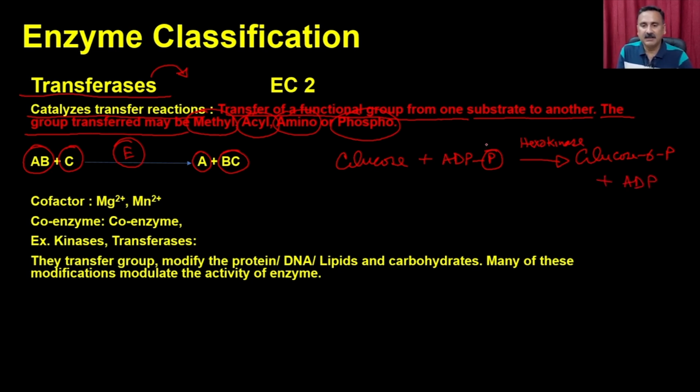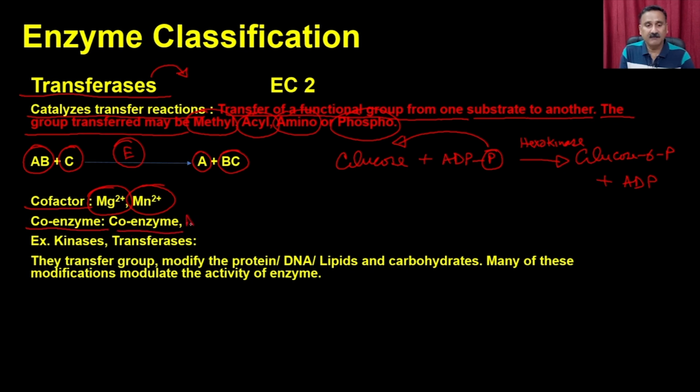What is happening is that the phosphate group from ATP is transferred onto the glucose, and that's how it forms glucose 6-phosphate. The cofactors are magnesium and manganese. In some cases you can also have coenzymes.